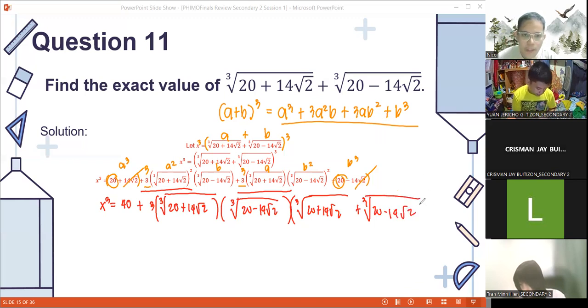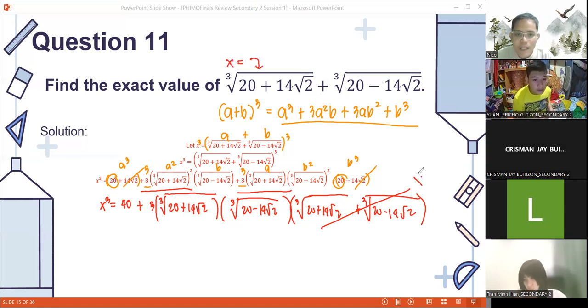Okay, that one, right? Because we factored it out. The writing here is very complicated now. So this one will remain. So what will happen is that this one is equal to this value, right? So we can have it as x. Still got it? It's a bit complicated. Take note.